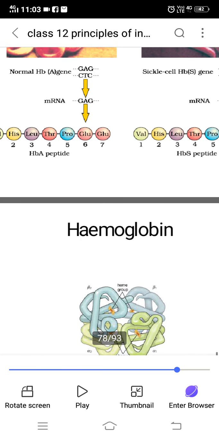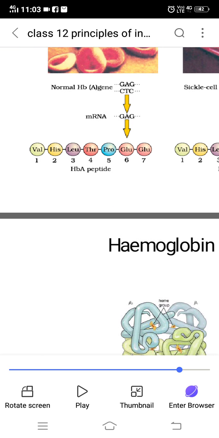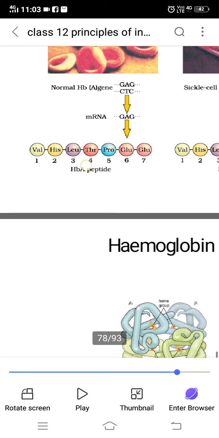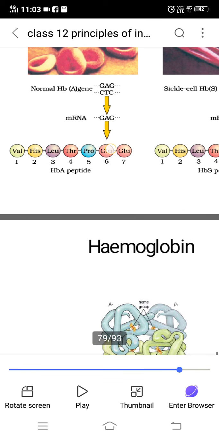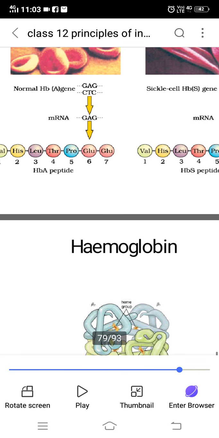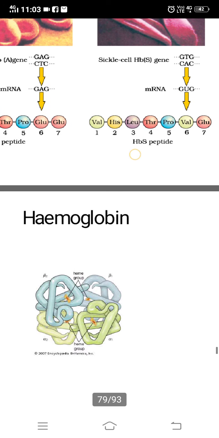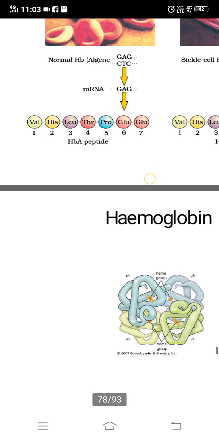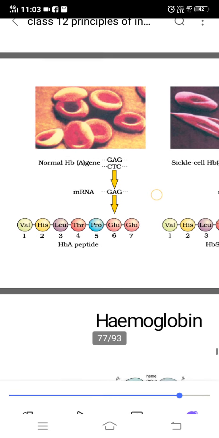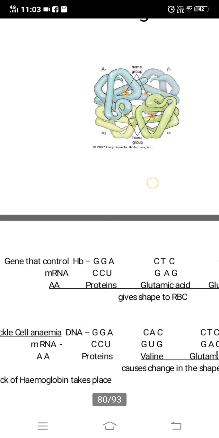At the sixth position of the beta globin chain, there is a change from glutamic acid to valine.